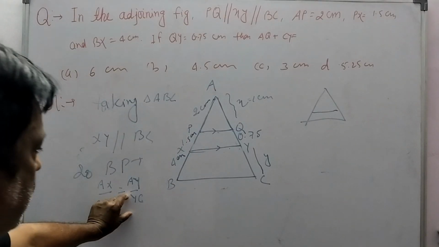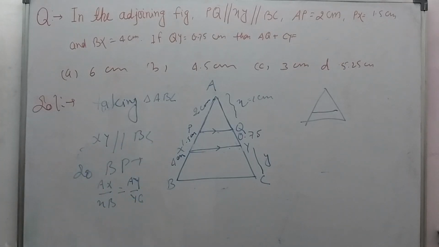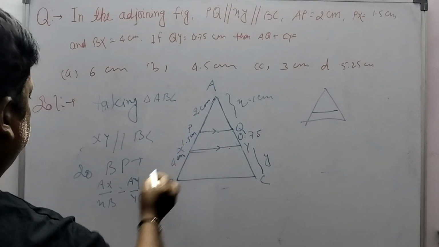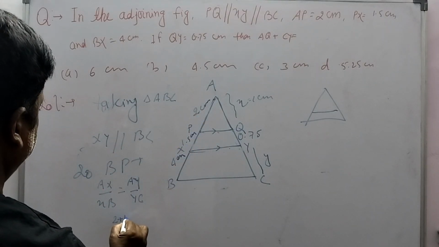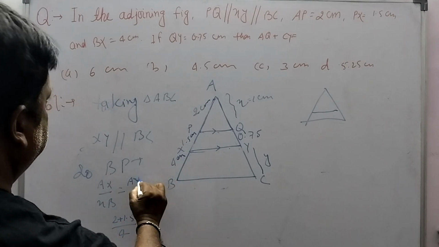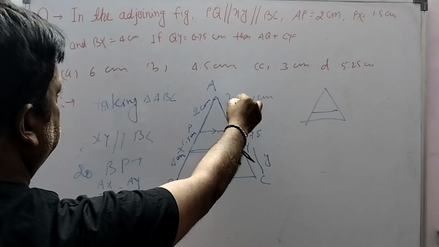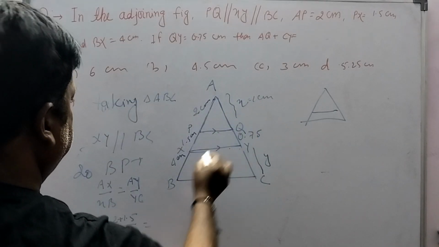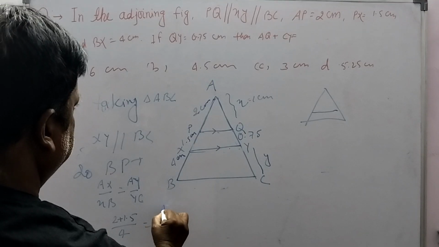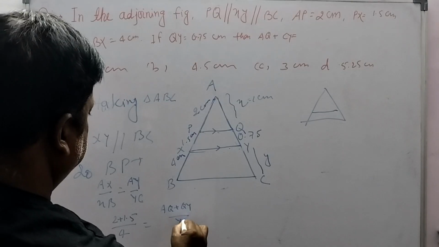We have to find YC. AX is 2 plus 1.5, XB is 4. AY means AQ plus QY by YC.